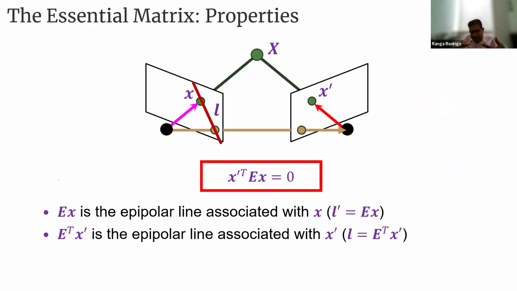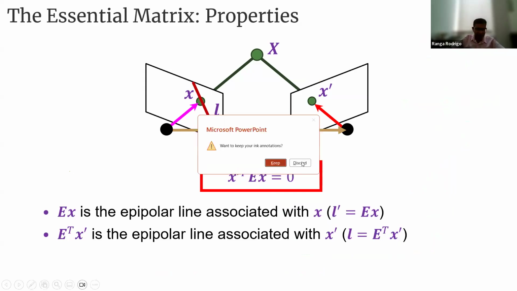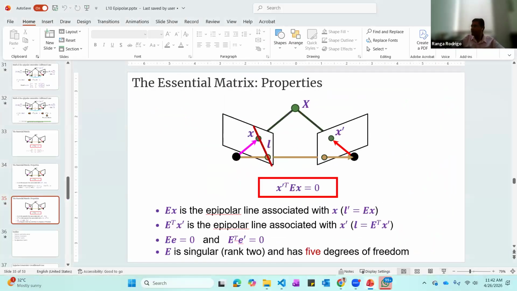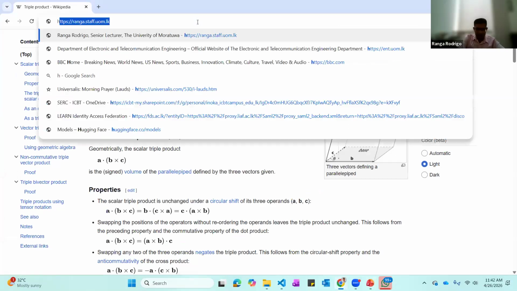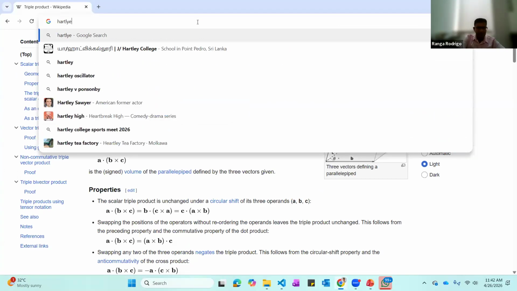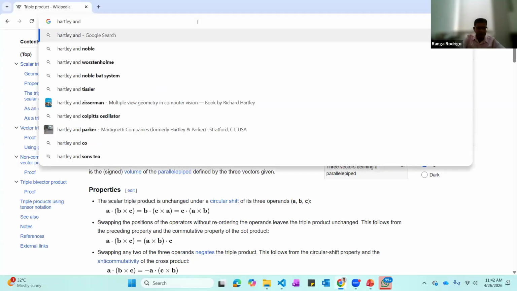I will not further derive other relationships, but these are available if you want in the multiple view geometry book, which I showed you last time, by Hartley and Zisserman. I'll briefly show you a picture of that book. This book.